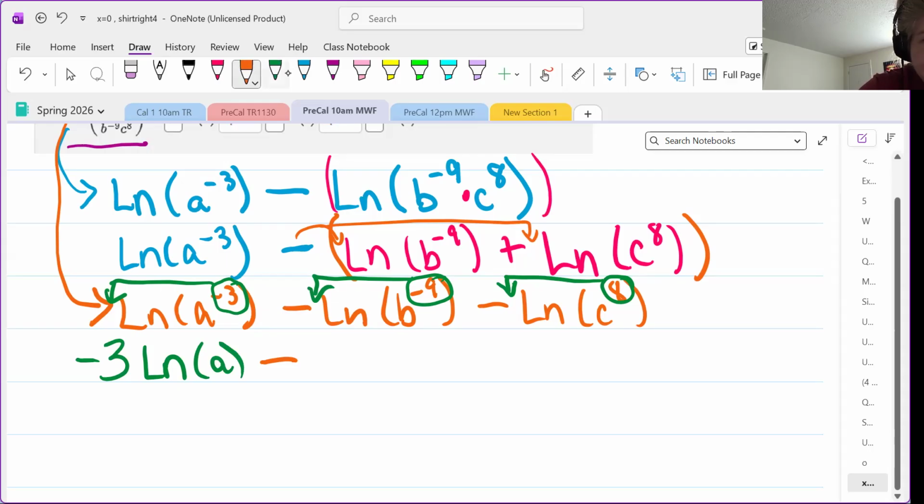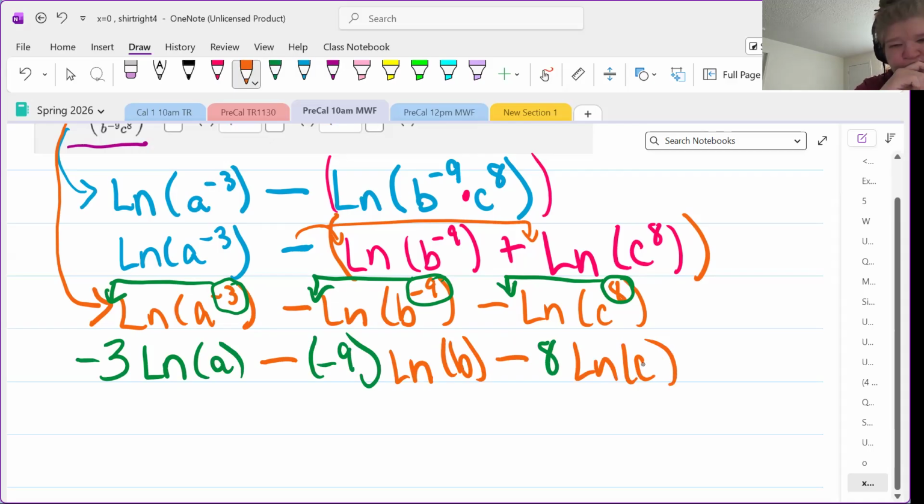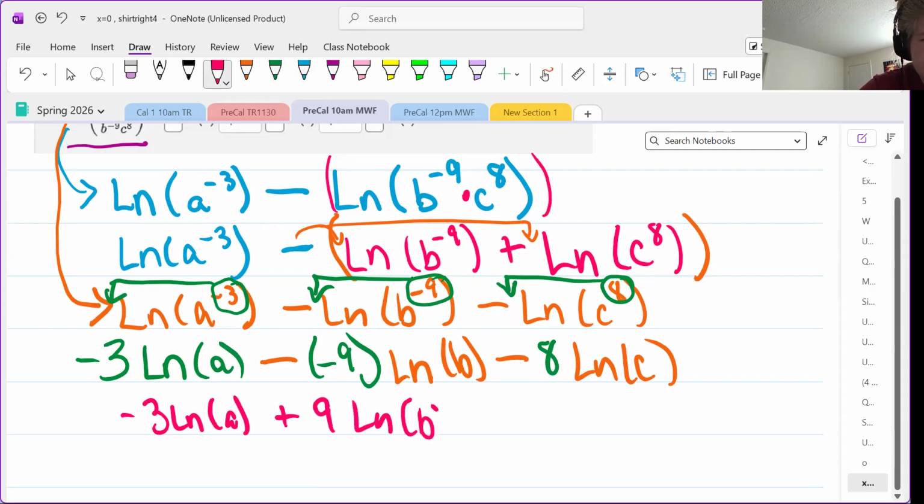Then minus negative 9 natural log of b minus 8 natural log of c. And then we just clean up this minus and negative part, but you could technically leave it there. So negative 3 natural log of a plus 9 natural log of b minus 8 natural log of c.